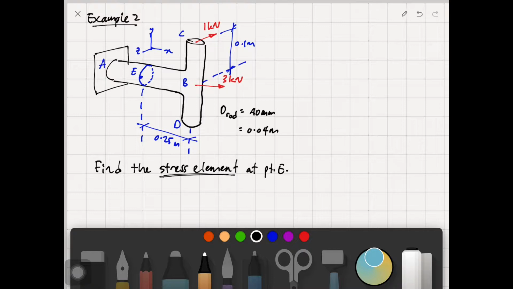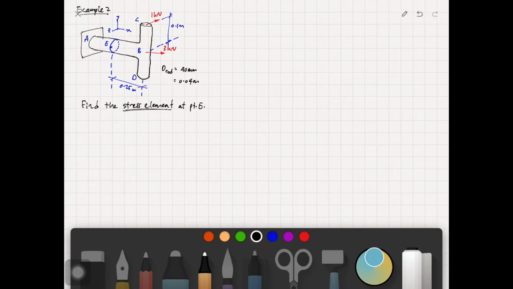And I would like to mention also for this example, because next we're going to go down into stress transformation. That is the first part of solid mechanics part 2 in the syllabus.